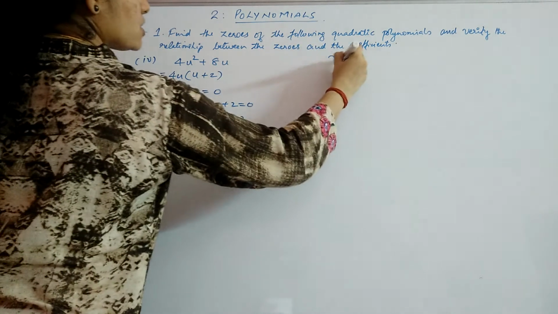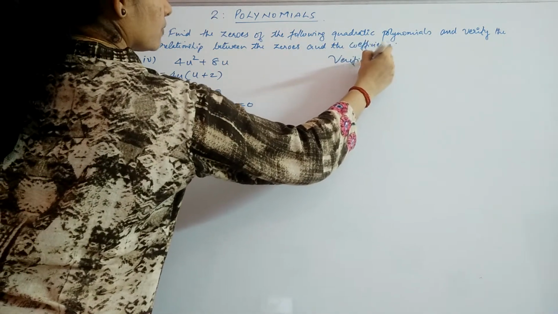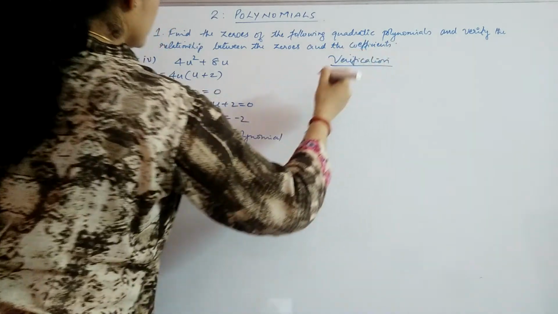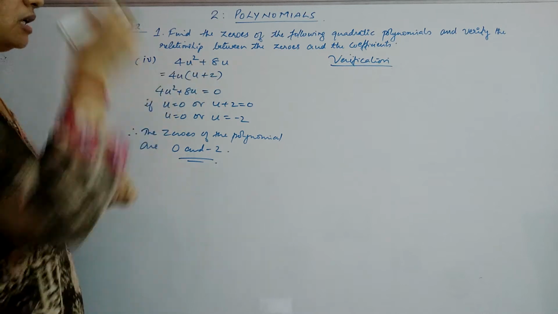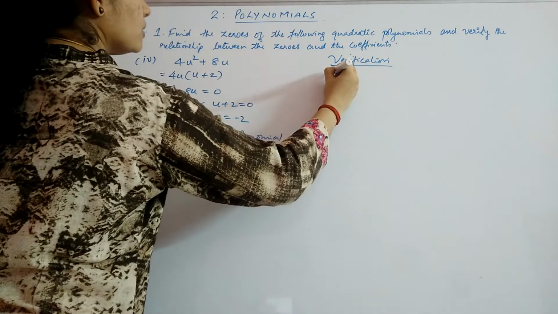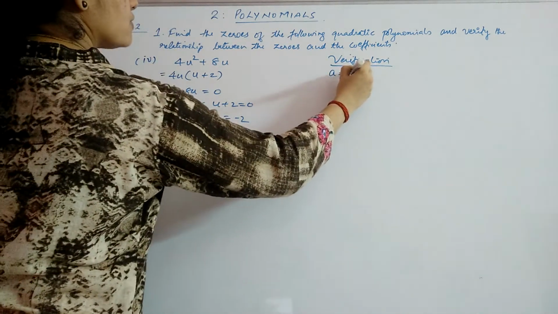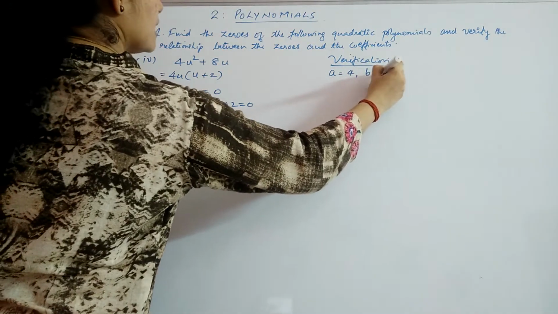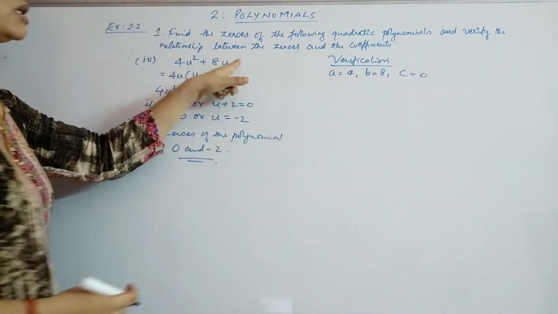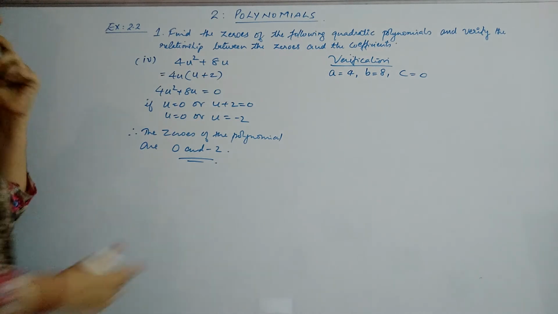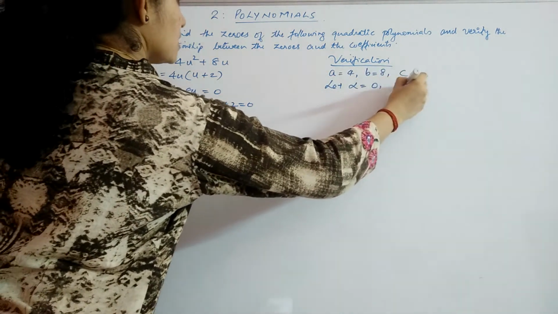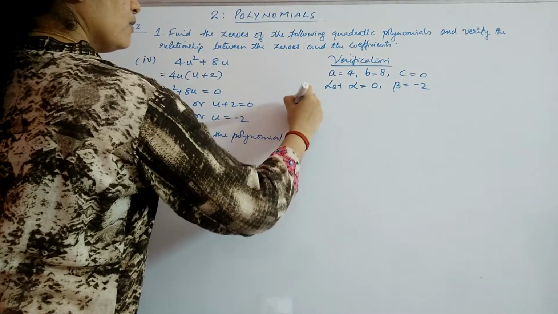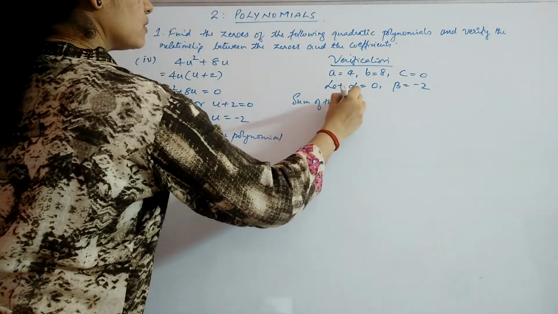Now for the verification part, we'll compare with ax square plus bx plus c. You will have your polynomial with a as 4, b as 8 and c as 0. Nothing means it is 0, so the constant term is 0. Okay. And let alpha be equal to 0 and beta be equal to minus 2. Now we'll start with the sum of the zeros.